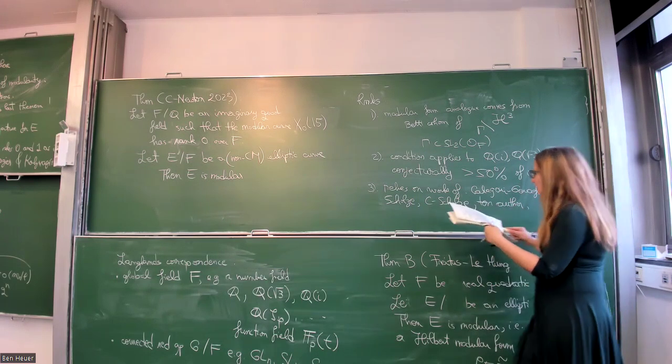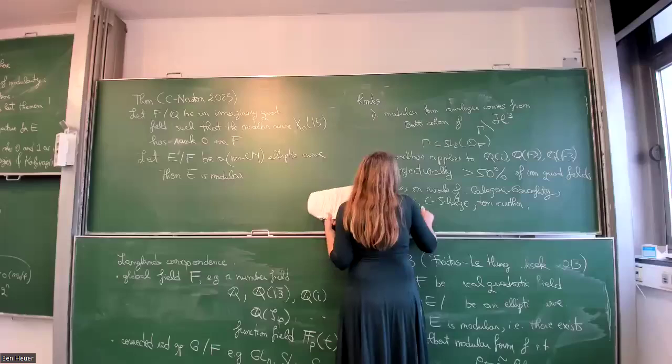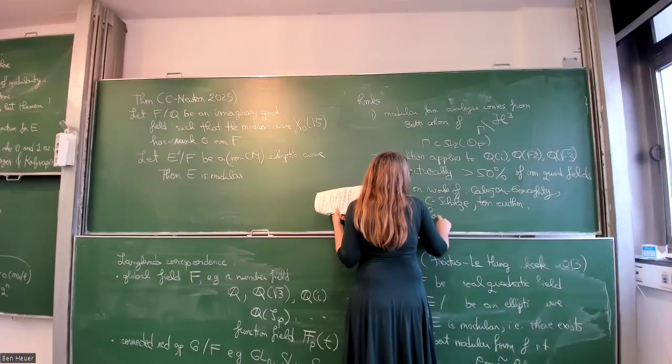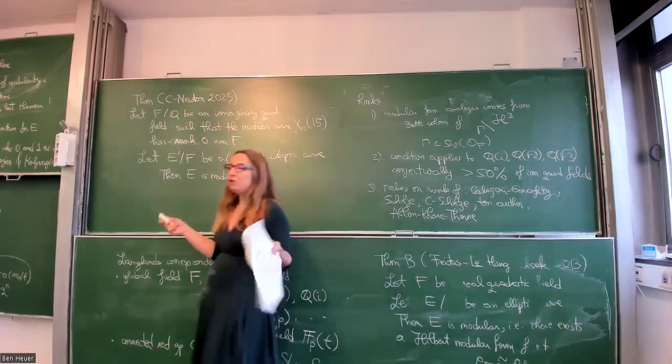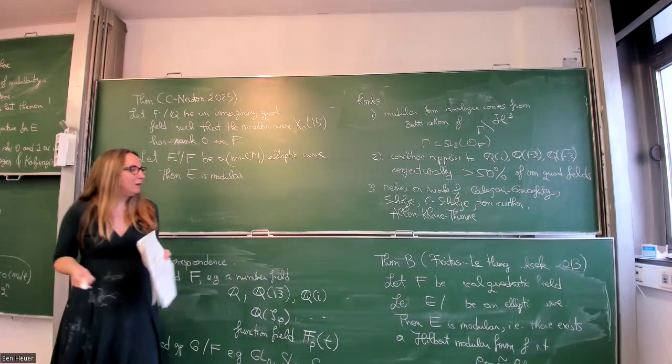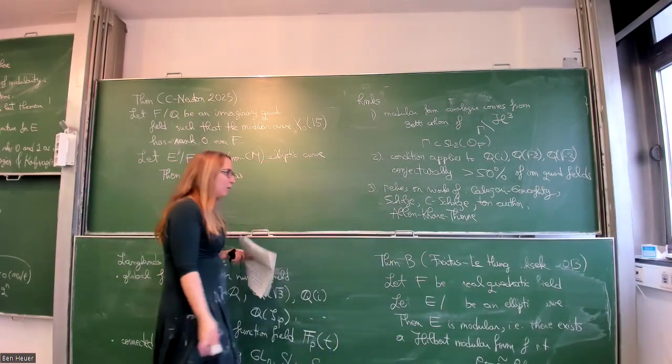And then also work of Allen, Calegari, and Thorne. And this is actually really crucial. So they prove some residual modularity results that you need in order to be able to spread modularity around with the Taylor-Wiles method. And I guess I'll say more about how this all fits tomorrow.